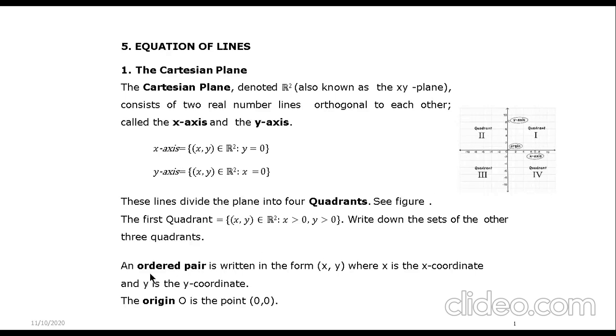Any ordered pair x and y, where x is the x coordinate and y is the y coordinate. The origin O is the point 0, 0. Any point in the xy plane is defined by its x coordinate and y coordinate.